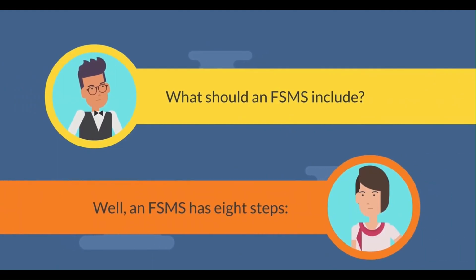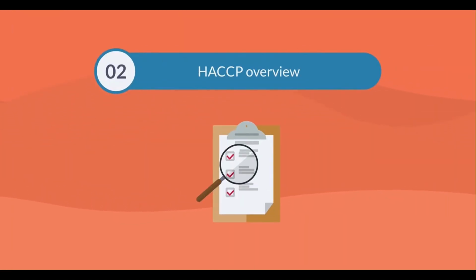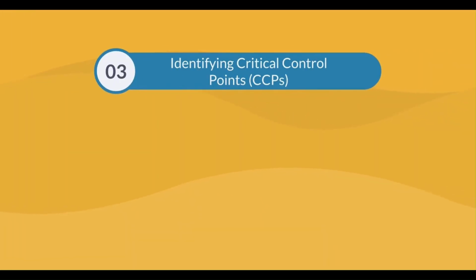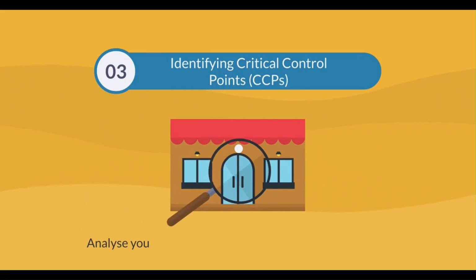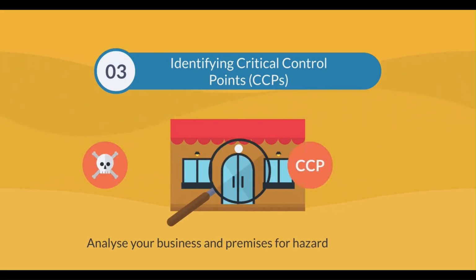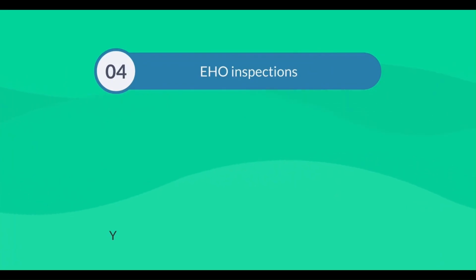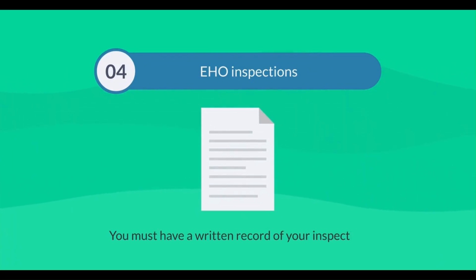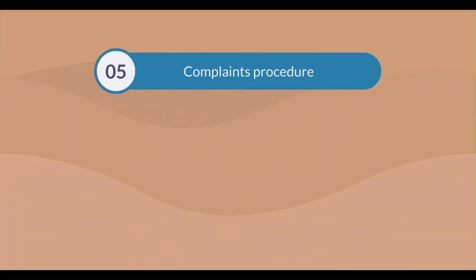Well, an FSMS has 8 steps. Policy statement. HACCP overview. Identifying critical control points, CCPs. Analyze your business and premises for hazards and CCPs. EHO inspections. You must have a written record of your inspection procedures for the local authority. Complaints procedure.